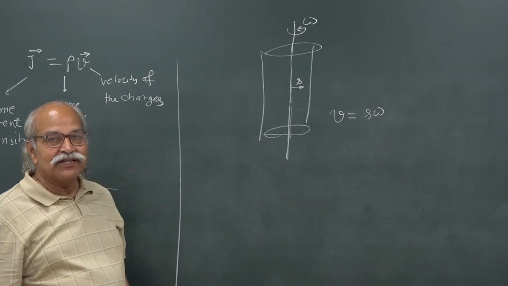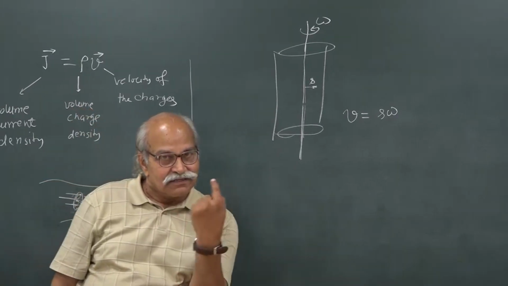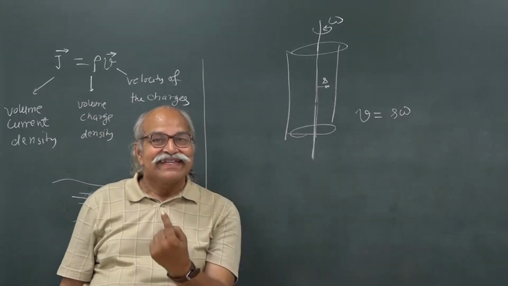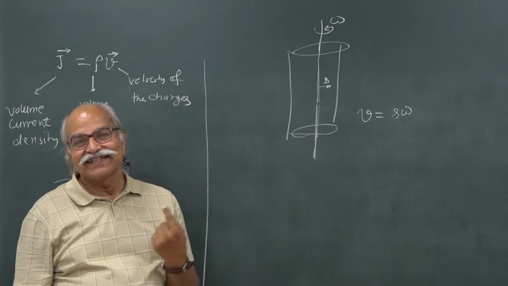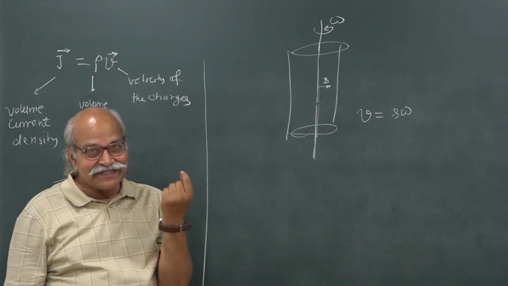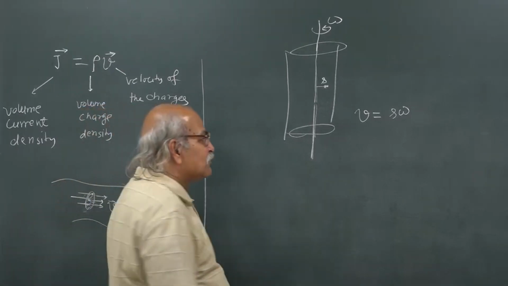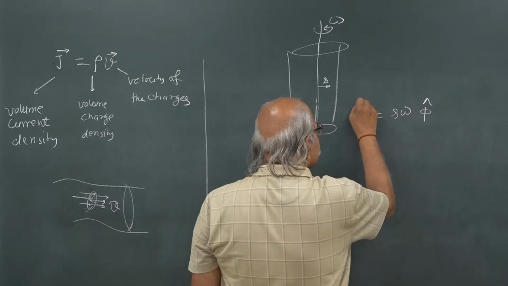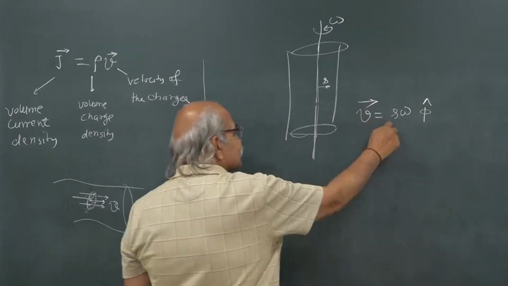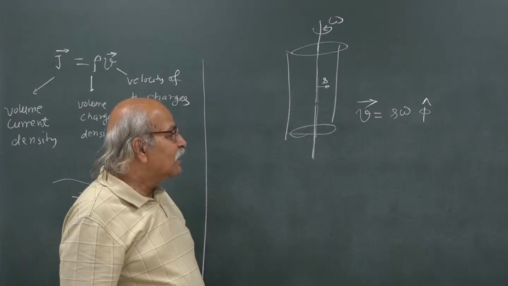And what will be the direction of this motion? It will be tangential to the circle in which that particular point is moving. We call it the phi direction, phi cap direction. And so, velocity will be s omega phi cap.